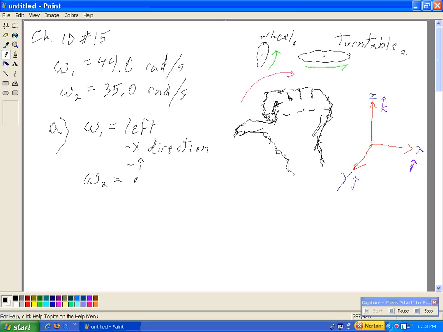So you could write up, you could write z direction, or you could write k hat.